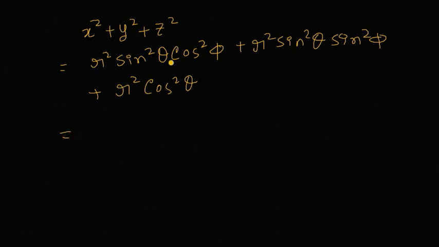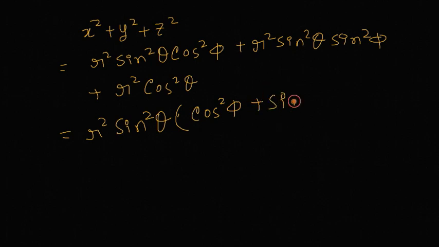Now if we take common r square sin square theta, we will get cos square phi plus sin square phi, which has a value of 1, as we know.